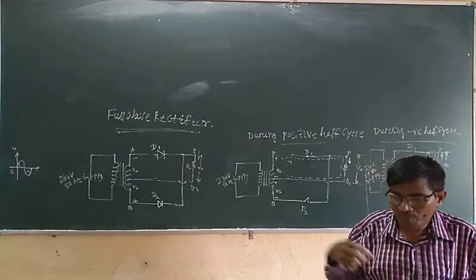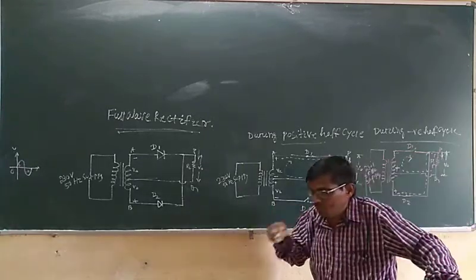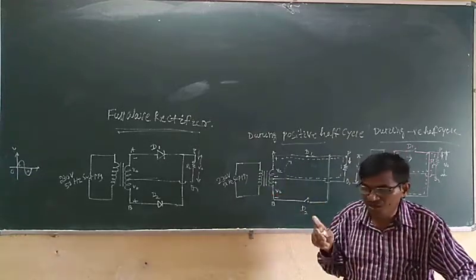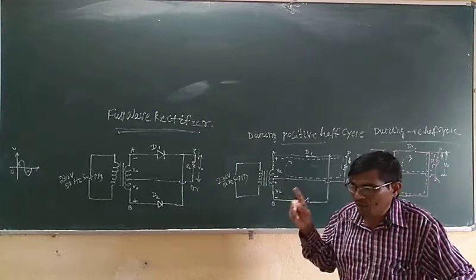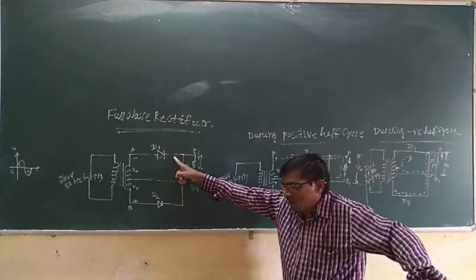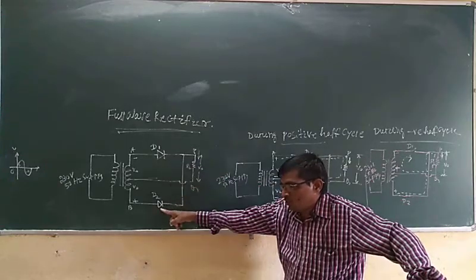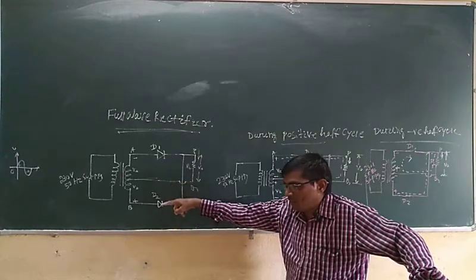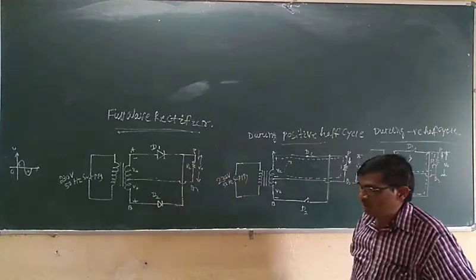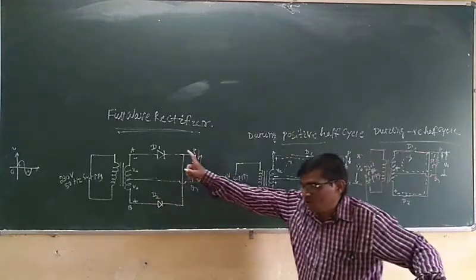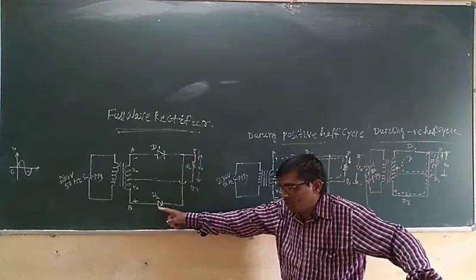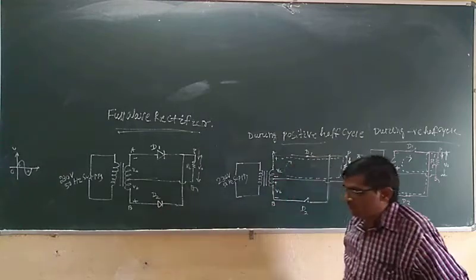When we supply the AC voltage at the input side, each cycle contains a positive half cycle and a negative half cycle. In the positive half cycle, diode D1 conducts and diode D2 is open. In the second half cycle, diode D1 is open and no current passes through it, but diode D2 conducts in the forward biased condition.